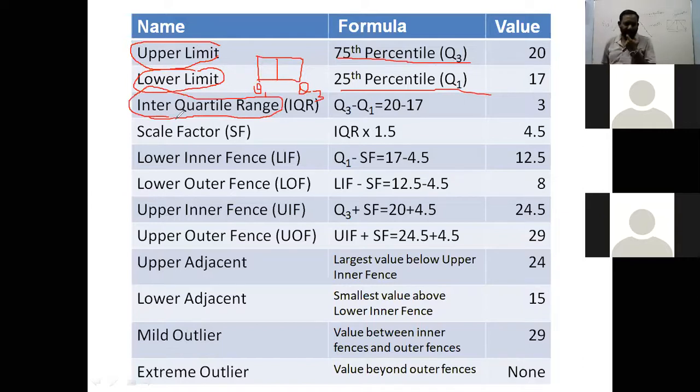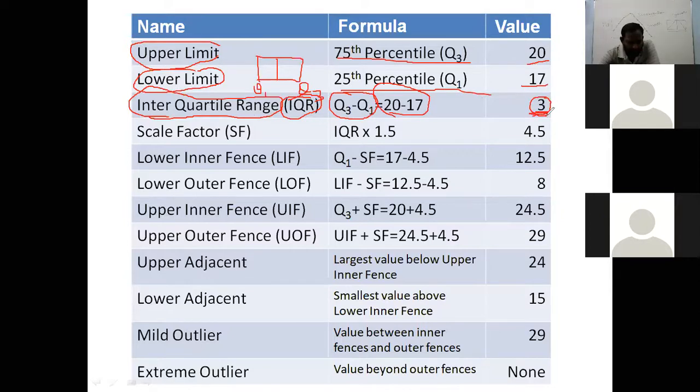How do we calculate the interquartile range? That is Q3 minus Q1. Q3 is 20, minus Q1, which is 17. So 20 minus 17 is 3. So our interquartile range, IQR, in our given data is 3.